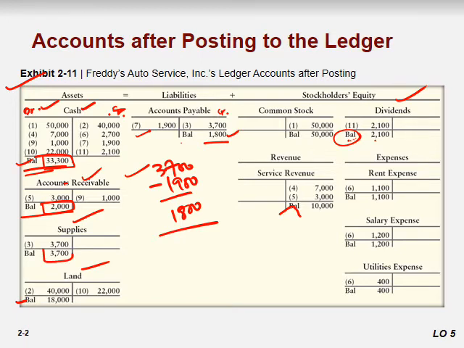Supplies, so this is 3700 worth of supplies we have. Land, now the land value is 18,000 right now. This is how we write the balance, right? Salary is 1200, utilities 400, revenue account is credit account 10,000, it means this much amount of goods we already sold, right? Expense, this much, 1100 rent expense we already paid.